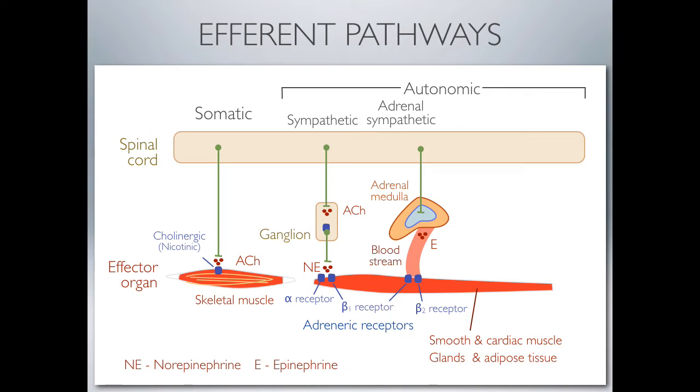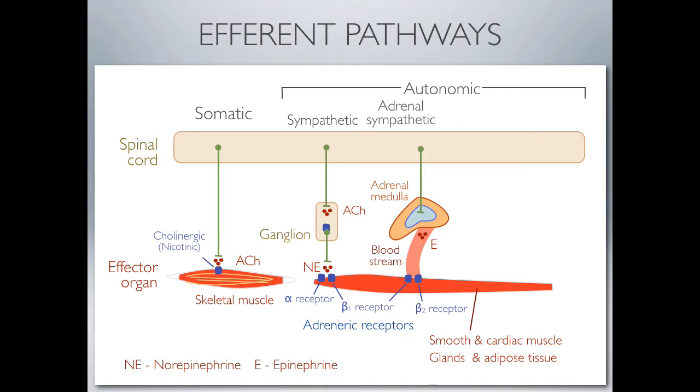So the sympathetic pathway is for very targeted responses: individual smooth muscles, individual glands, individual adipose tissue that is activated by the autonomic nervous system and has either alpha or beta 1s. That's a targeted response.